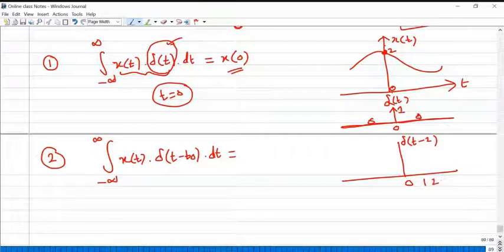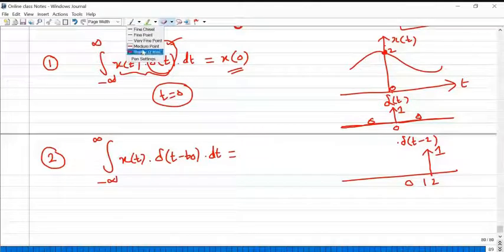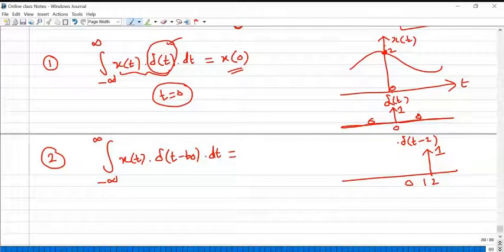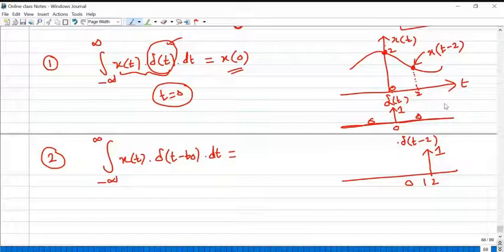Del of t minus 2 means at t equal to 2, the magnitude is 1. This is the del of t minus 2 signal. Now if you multiply x of t with del of t minus 2, at t equal to 2, what is the magnitude of x of t? So it is x of t naught.